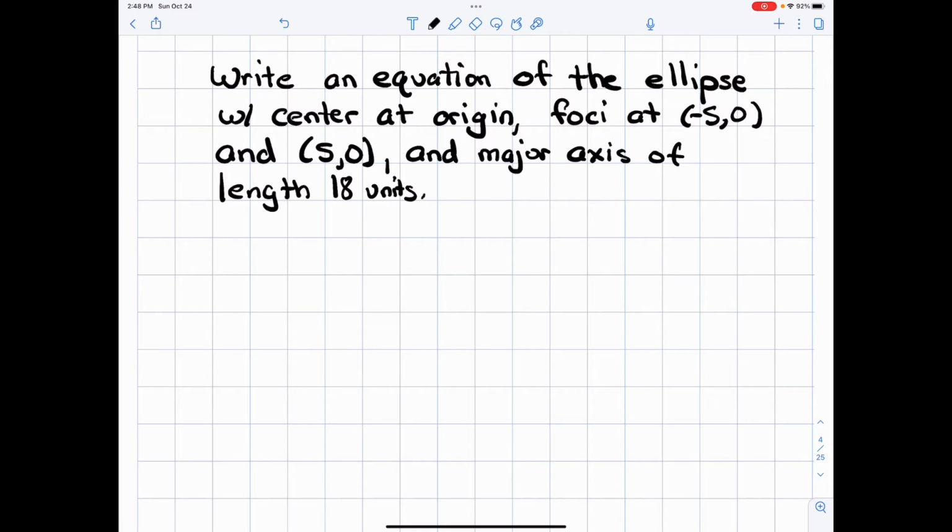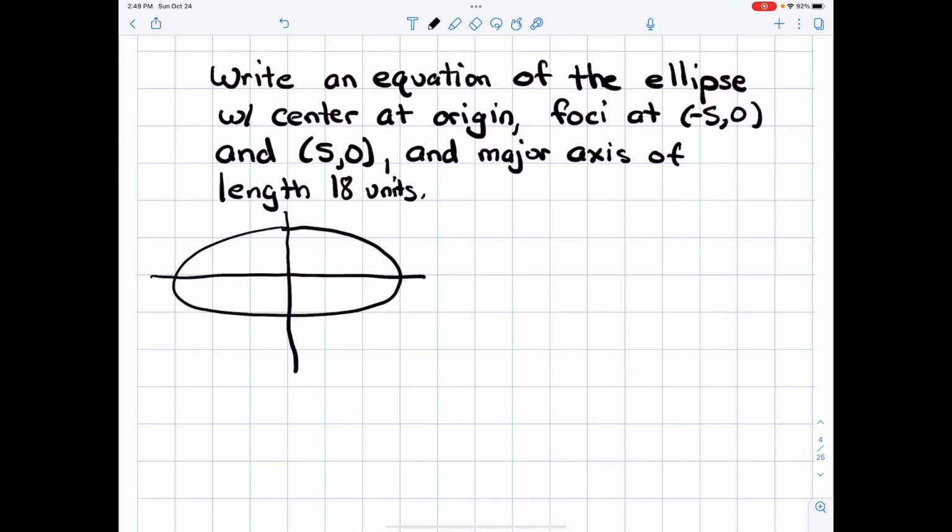So we're trying to write the equation of this ellipse. Given that information, I like to kind of sketch a bit just to really get an idea about what's happening with this ellipse.